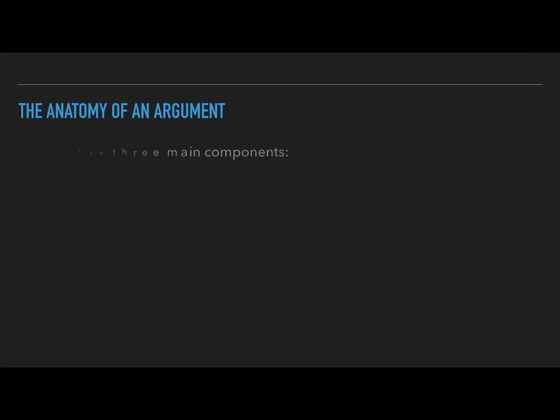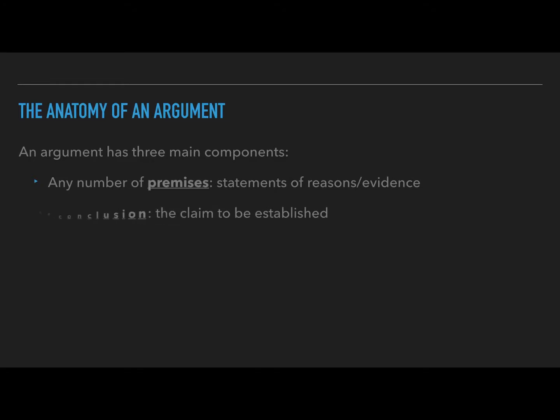Now let's start by laying out the anatomy of an argument. Arguments can be said to have three main components. An argument, first of all, has premises, any number of premises. And these are just statements of your reasons or your evidence. It's going to have a conclusion. This is a thing that you're trying to prove or establish with those reasons.